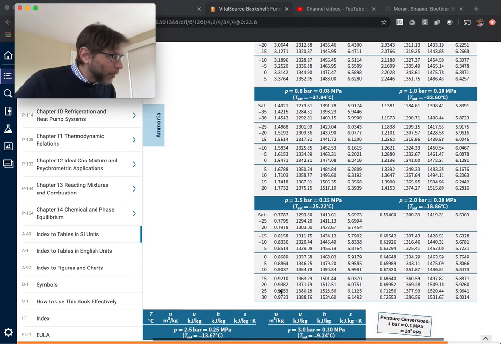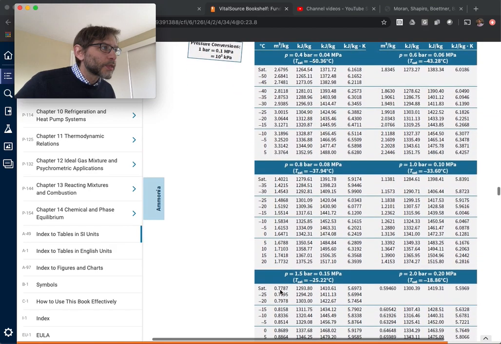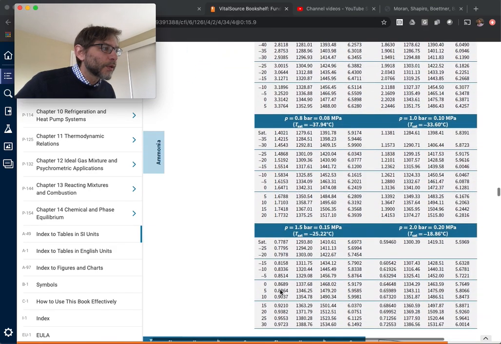So V1 equals 0.9382 meters cubed per kilogram. We're going to need H, though I'm not going to use U1. Let's get everything. U is the third column and H is the fourth column.